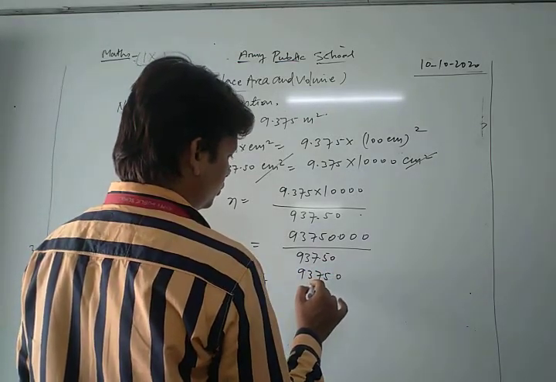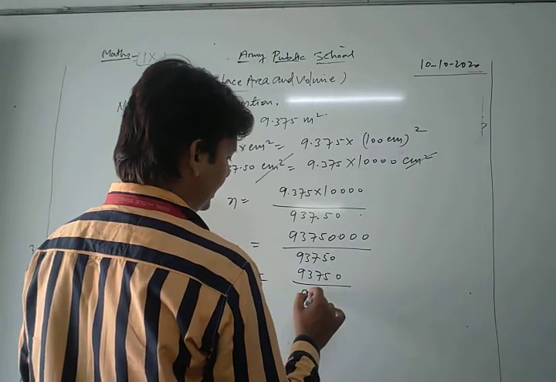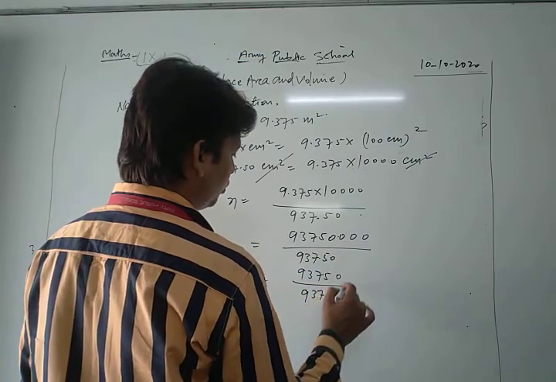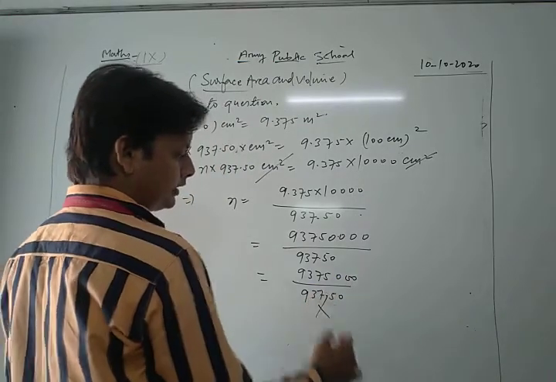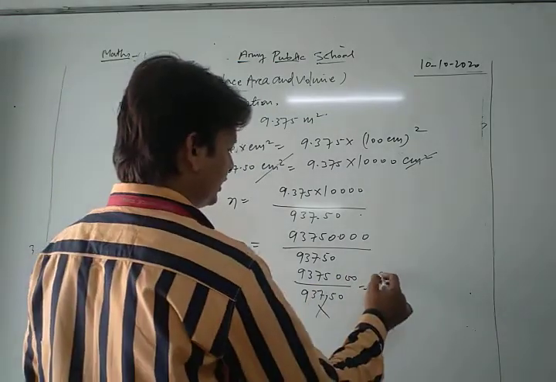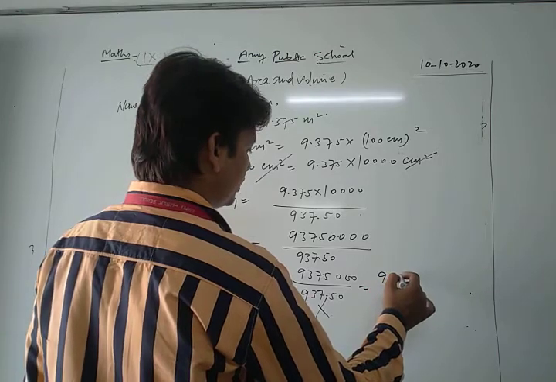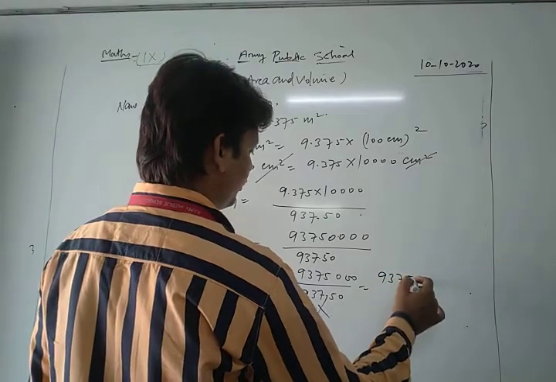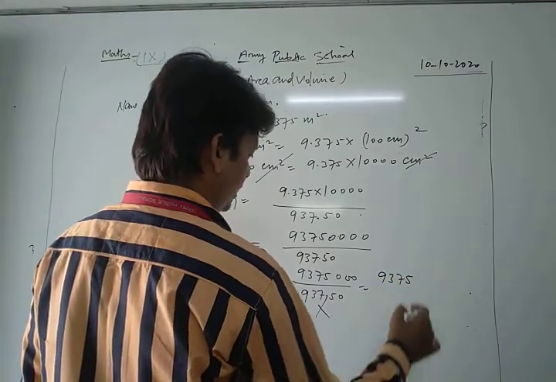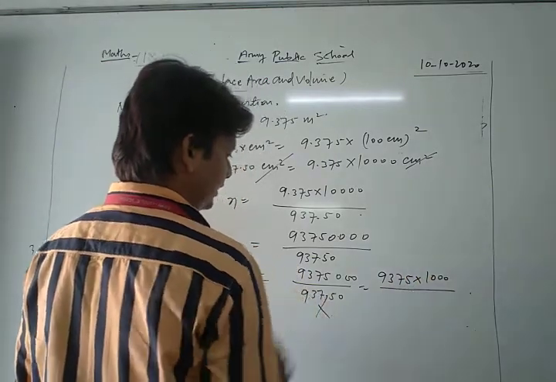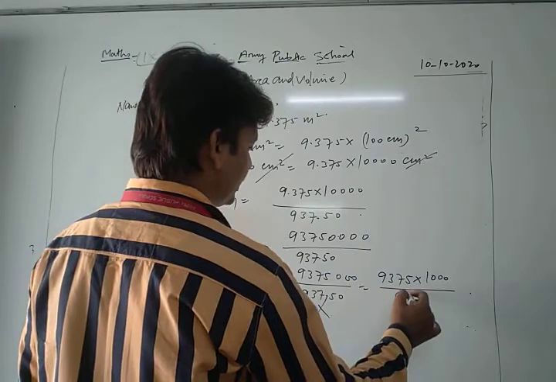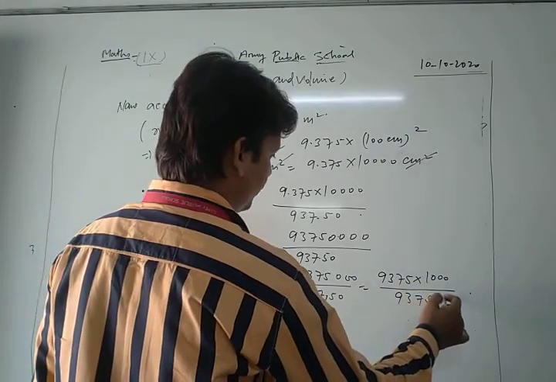Okay. Now look, we get 93750 upon 937.50. Now we take 20 in the denominator, so this decimal cancels. Now we get 9375, into 1000 we take separately, and in the denominator we get 93750.